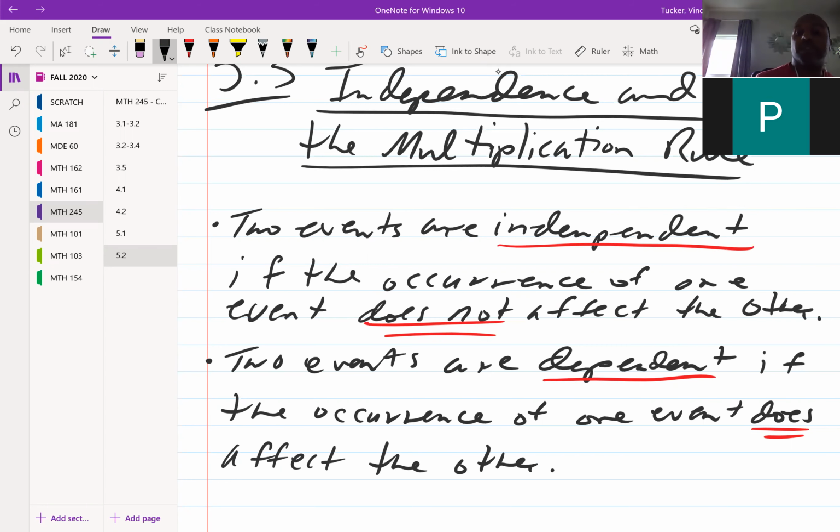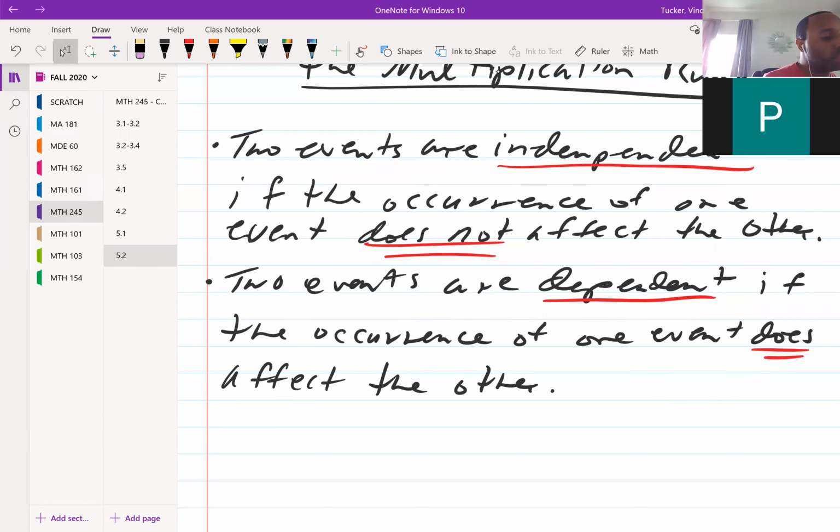Two events are dependent if the occurrence of one event does affect the other.